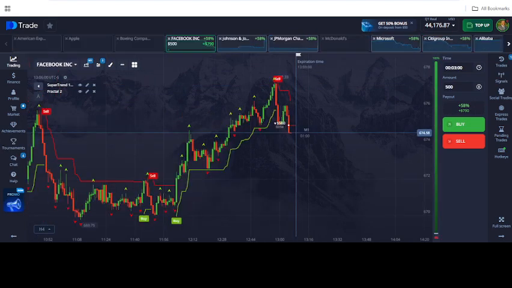Okay, I'm on Facebook here, and I just took a sell trade. And the reason why I took the sell trade is, first of all, we have the Supertrend signal printing here. Secondly, I have the fractal that prints right along with the Supertrend here, which suggests a bearish trend to the downside here.